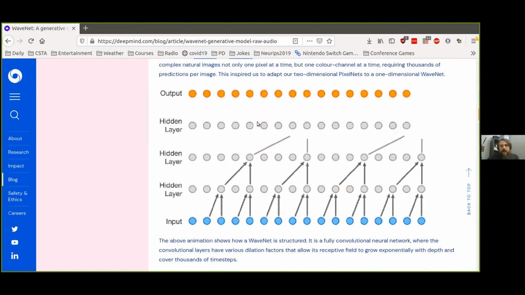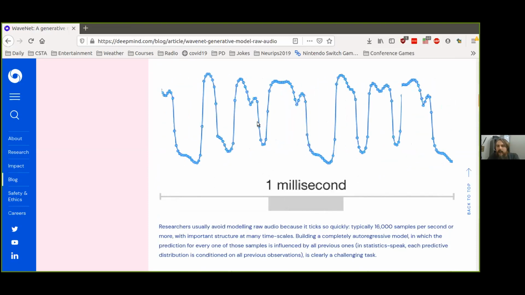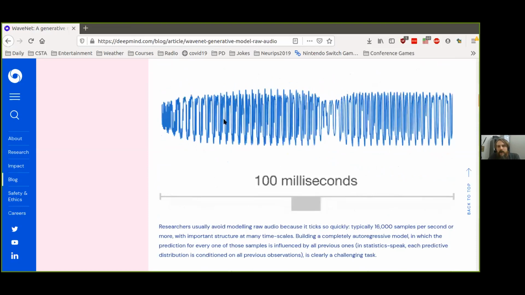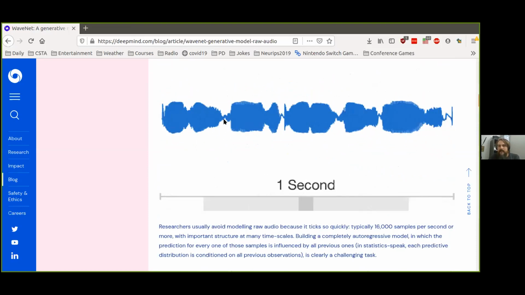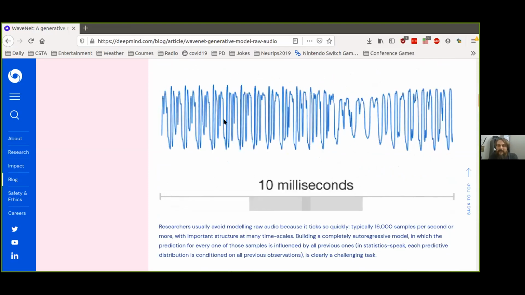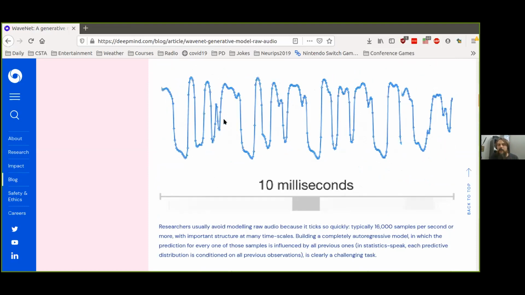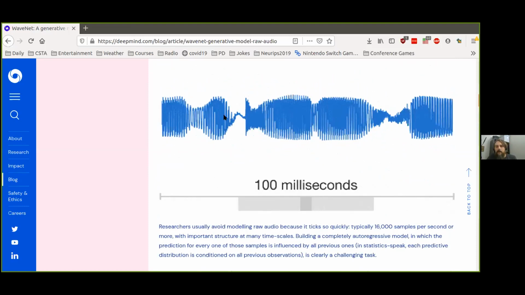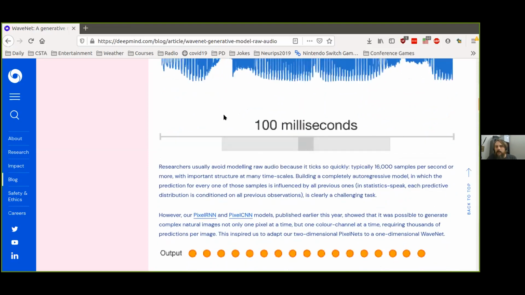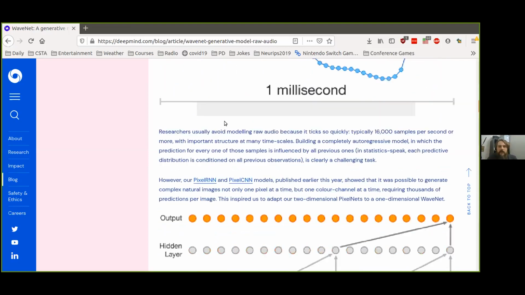Other things like RNNs and LSTMs and these other architectures are pretty good at remembering tens of samples in the past, or maybe hundreds, but tens of thousands is too much. So the big problem is receptive field, basically, how wide of a field your neural network can remember things.